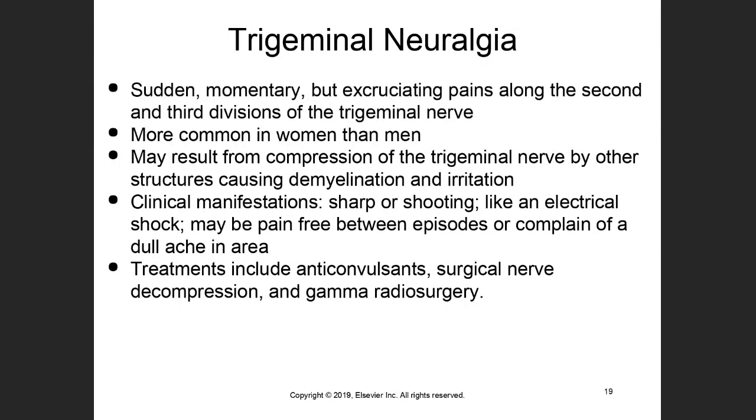Clinical manifestation is a charge, shooting like an electrical shock; it may be pain-free between episodes or complicated by dull aching in the area. That pain is a really sharp pain that lasts from 5 to 10 seconds, and then you are free of pain. Treatment includes anticonvulsants, surgical nerve decompression, and gamma radiosurgery.